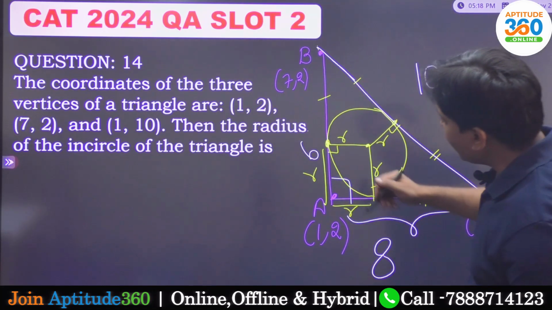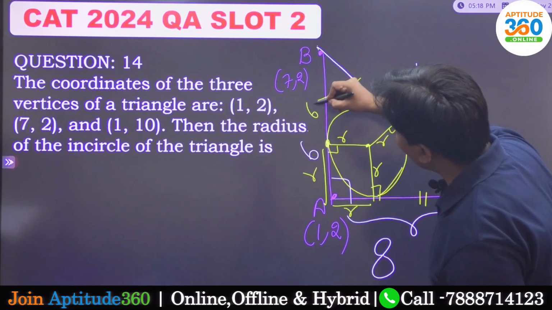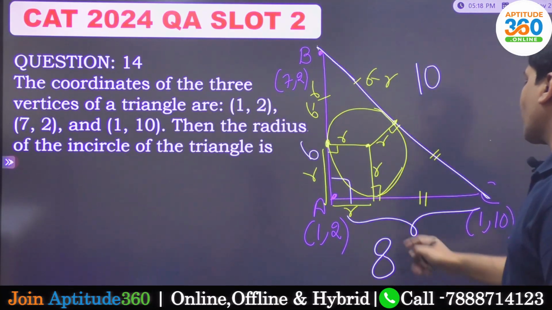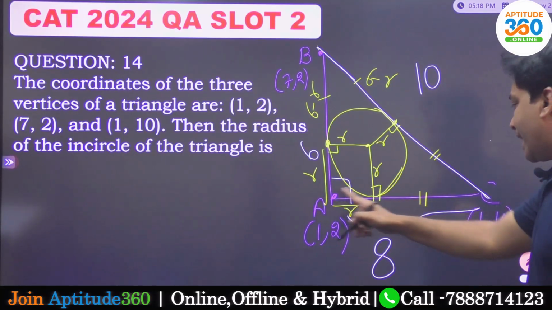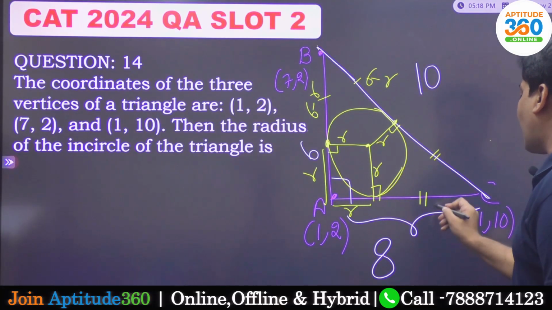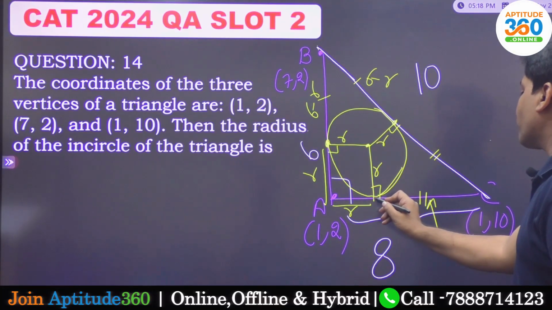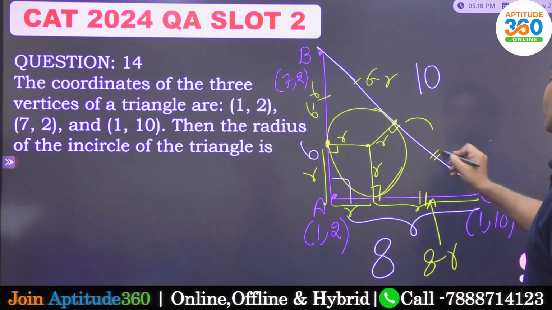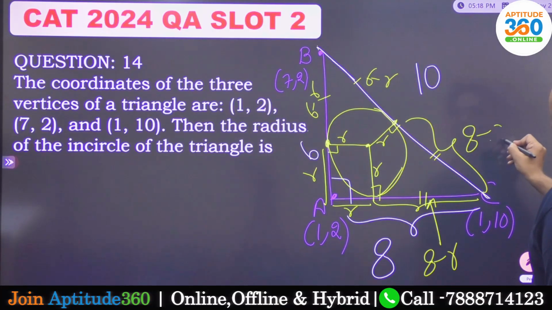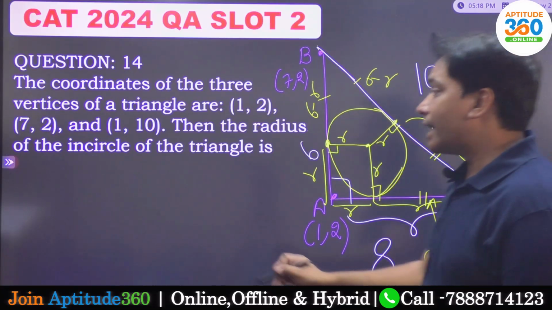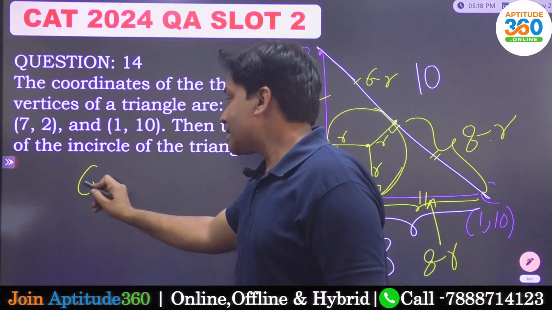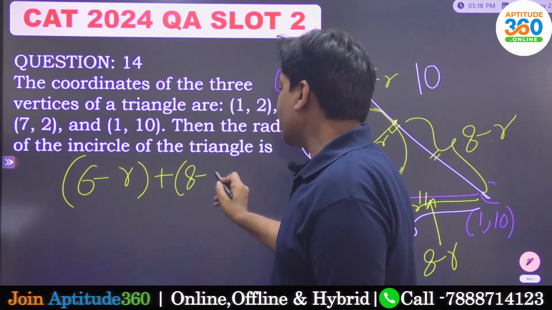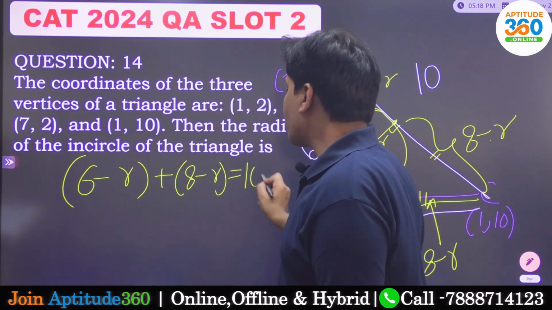Now if this is R, obviously this is going to be 6 minus R. So the entire length of AC is 8, and this one is R, so this length from here to here is 8 minus R. And if this is 8 minus R, from here to here also it is 8 minus R. And this entire sum, 6 minus R plus 8 minus R, we know for sure is 10.